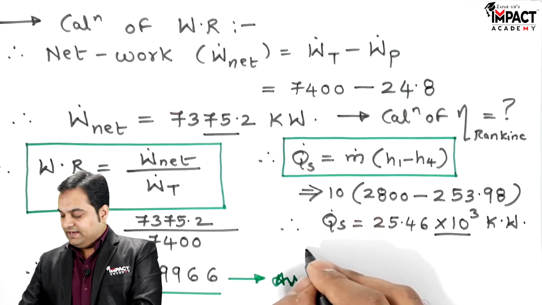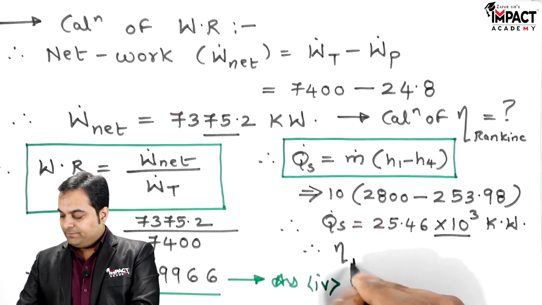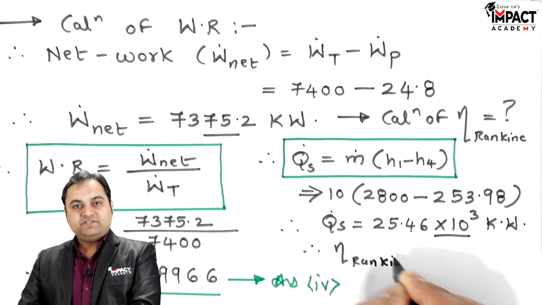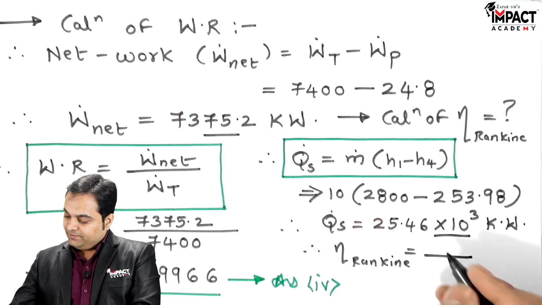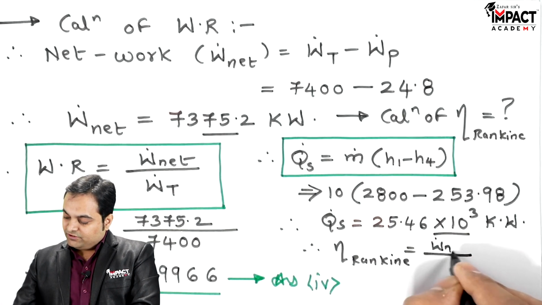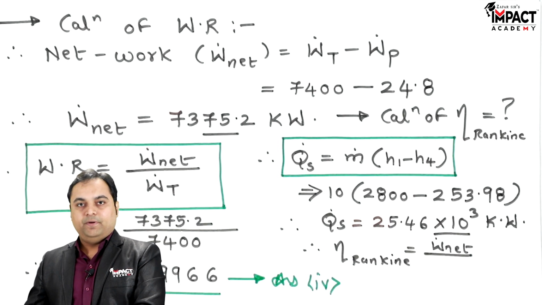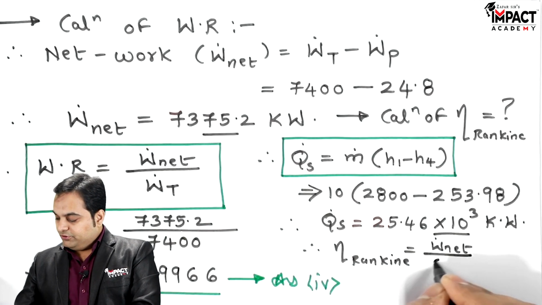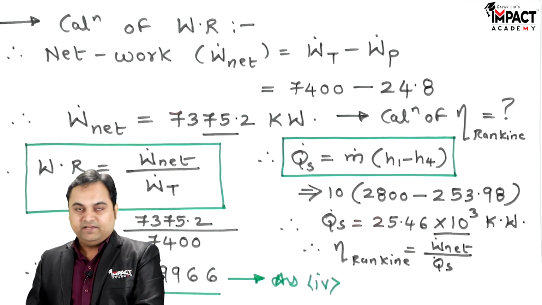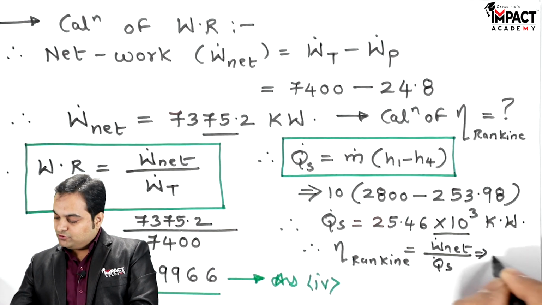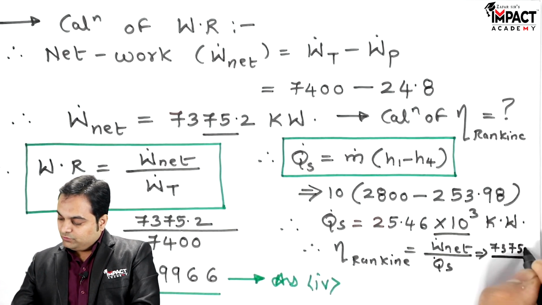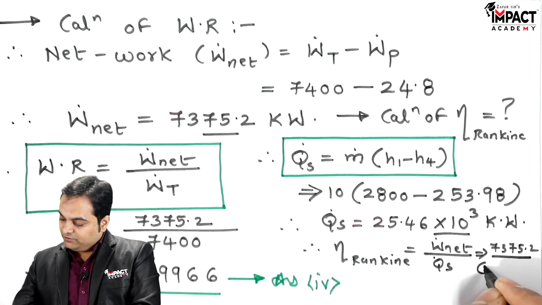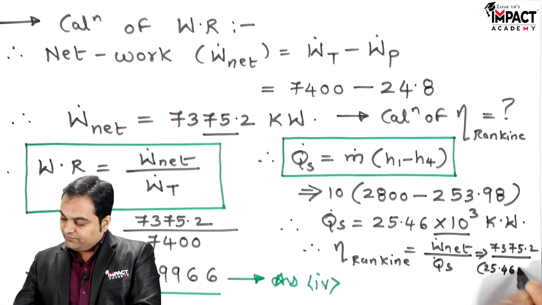And therefore the Rankine efficiency would be given by, see, efficiency is basically output upon input. So the output from the plant which we are getting, that is the W net after the work which is consumed by the pump has been subtracted. So W net upon heat supplied is nothing but the Rankine efficiency. Now putting the values over here, W net was 7375.2 and heat supplied 25.46 into 10 raised to 3.